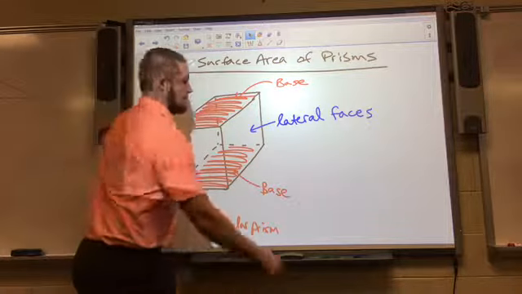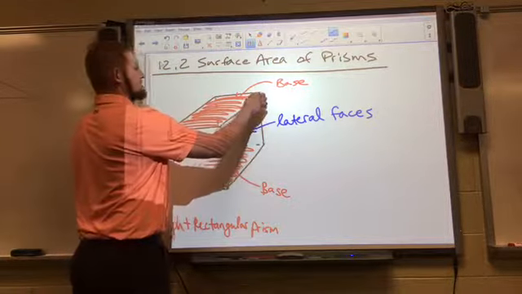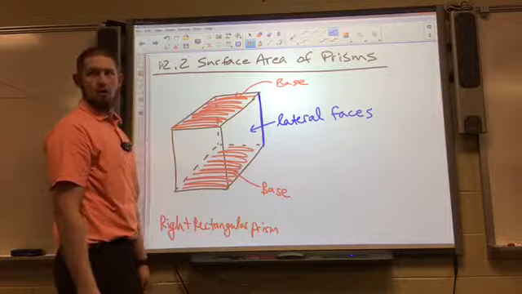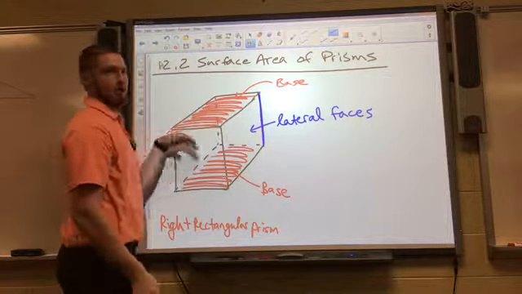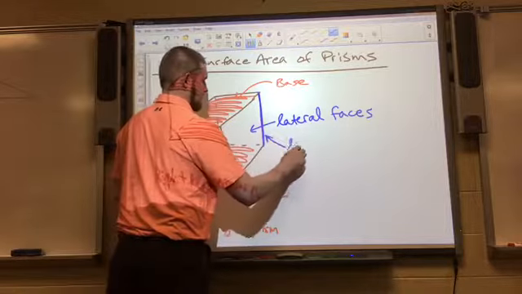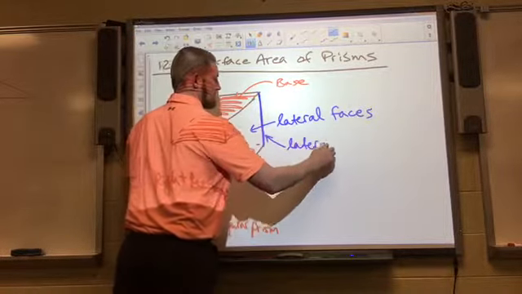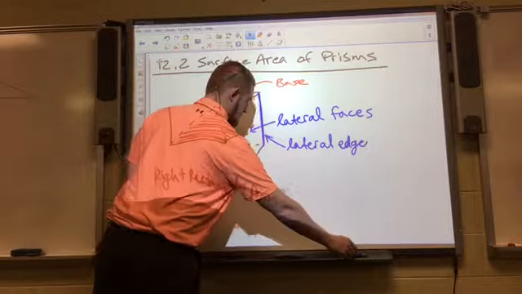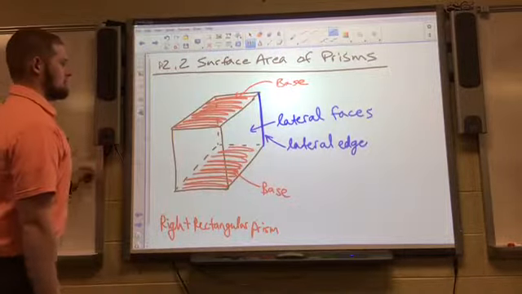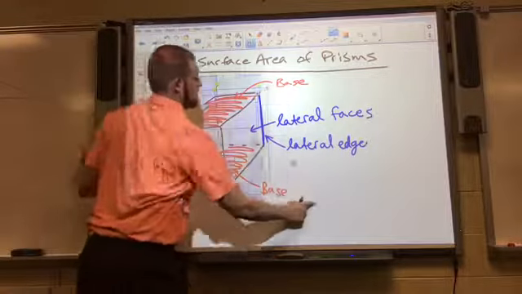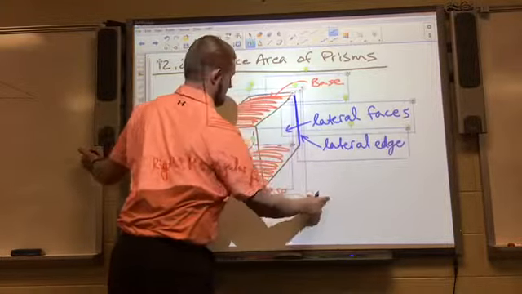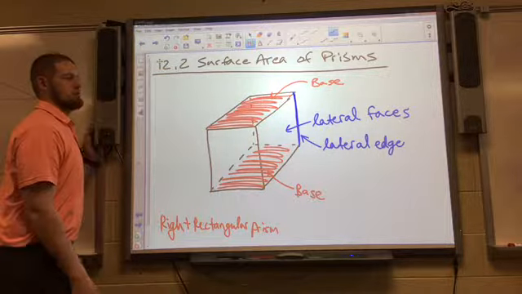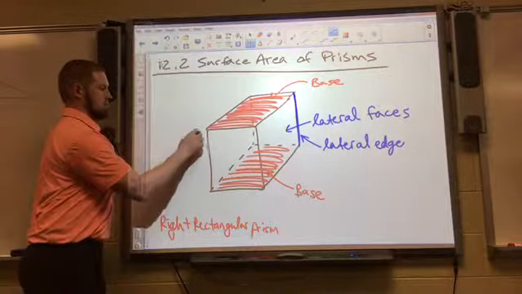Now these parts where two faces come together, what's that called? That's an edge, right? In this case, it's on the side, so that's going to be a lateral edge. What else would you call that lateral edge?